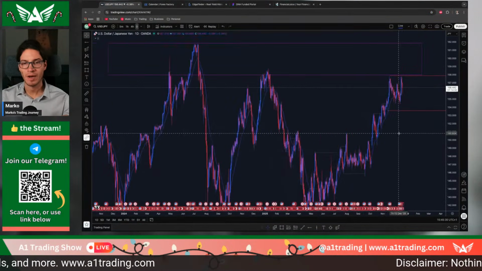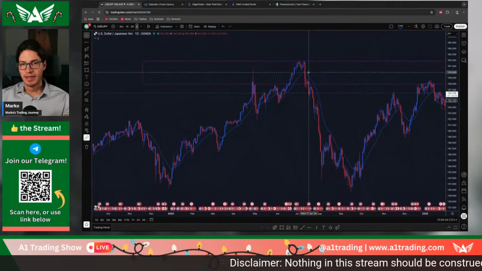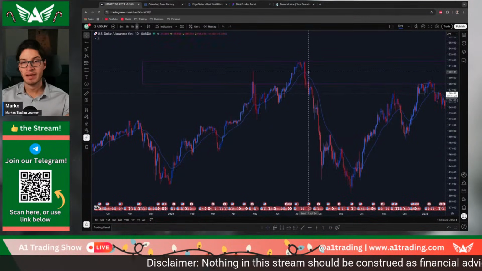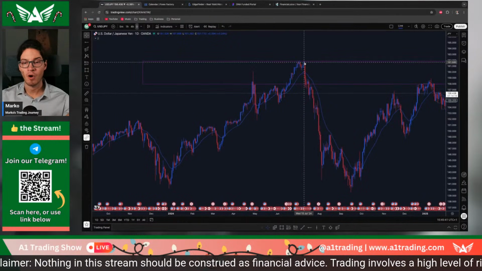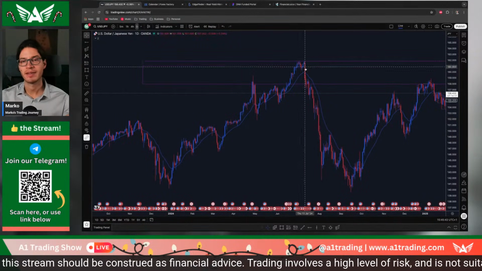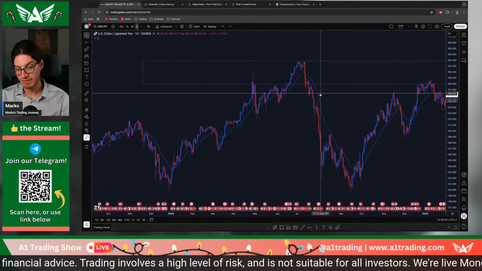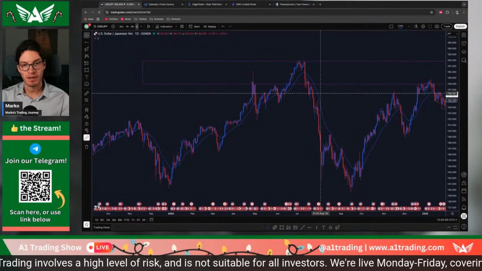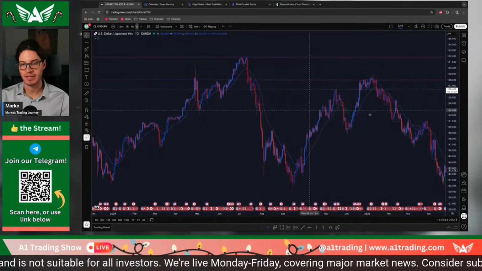So last time they did an intervention, it was here. So there was a big sell-off right here, all in July 2024. This is what can happen during an intervention. Massive momentum, massive liquidity, massive downtrend on USD/JPY, and you do not want to get caught inside of this downtrend.